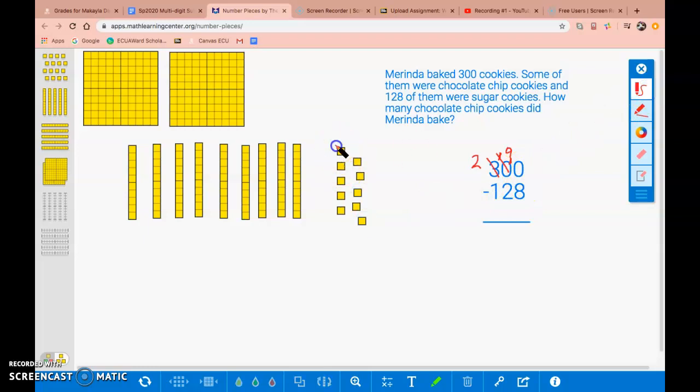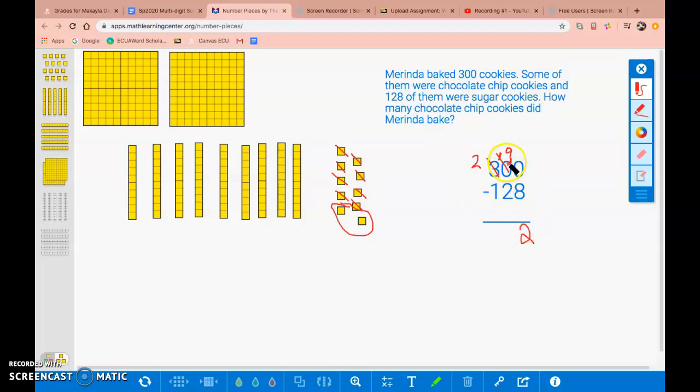So let's go ahead and cross out our 8 blocks. And we can see that we now have 2 blocks left over. So we'll put a 2 in the ones place.